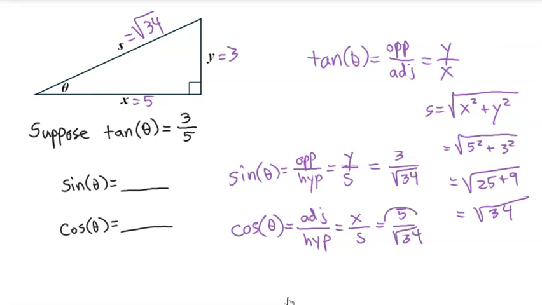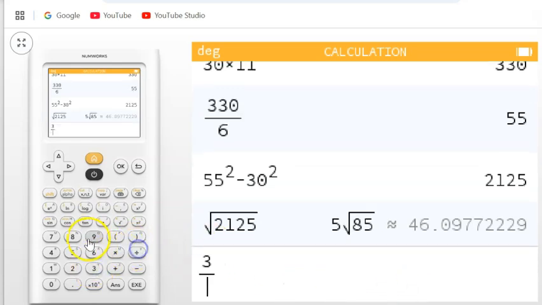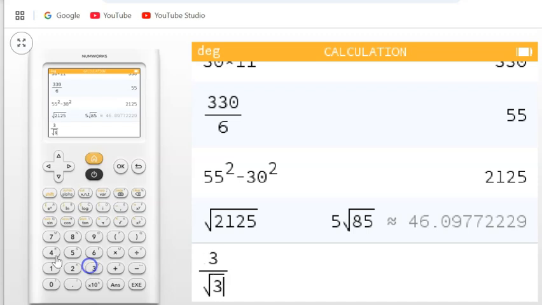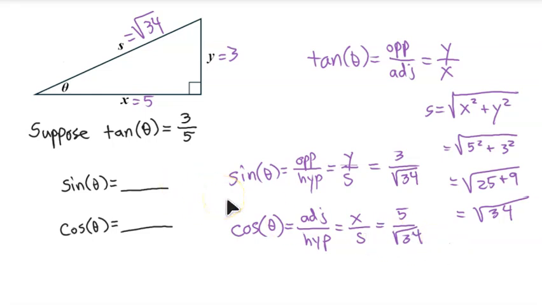Now we need to put this in the calculator. We do 3 divided by the square root of 34, and that's 0.514, so sine is 0.514.